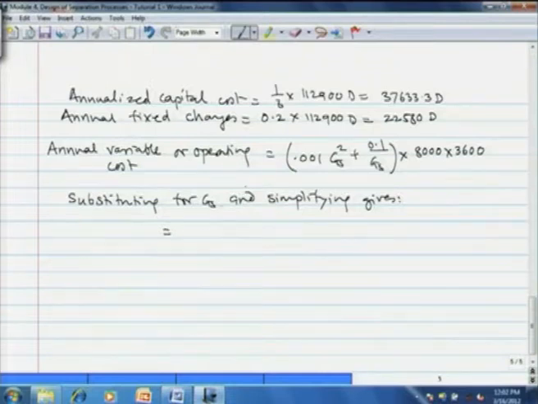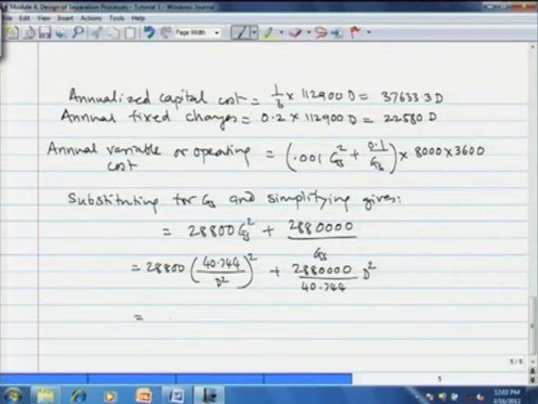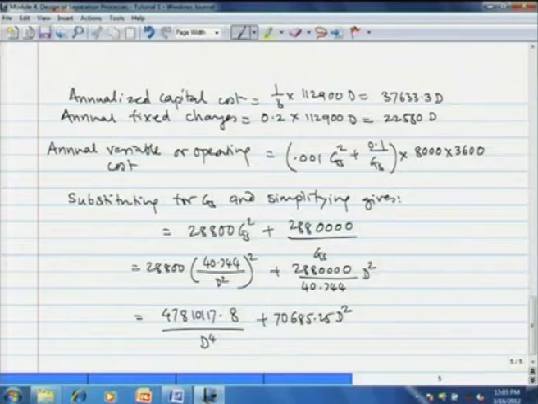Simplification I am leaving as an exercise. 28800 GS square plus 28800 into GS and then so that is the annualized annual variable operating cost.